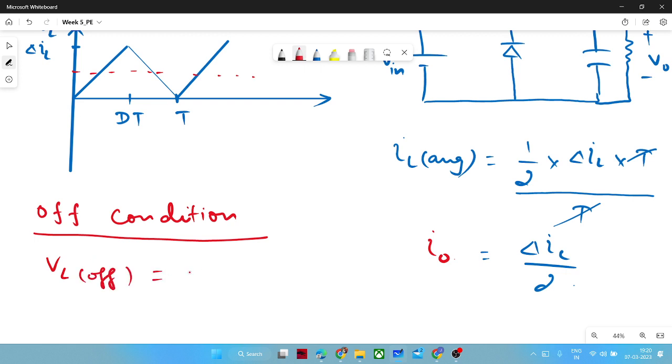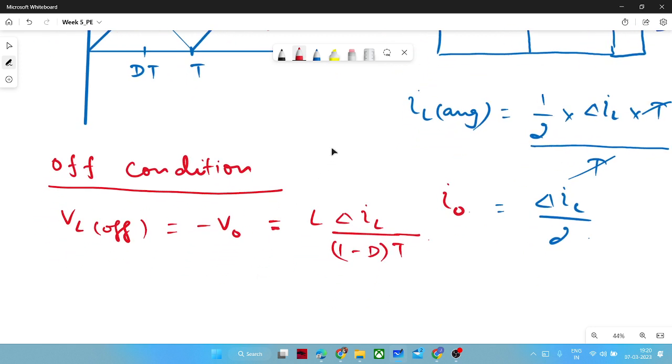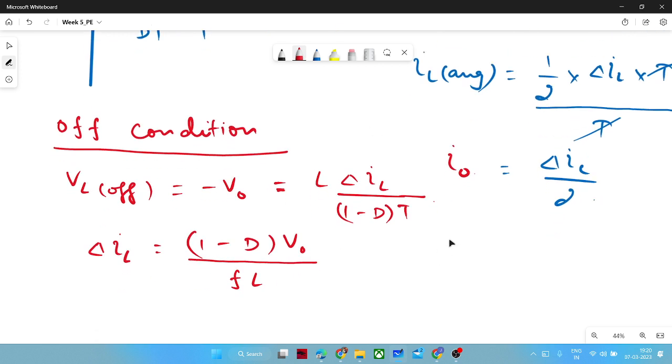VL off was minus V naught, and it is equal to L del IL by the off period, which is (1 minus D) into T. So now del IL you have (1 minus D) into V naught by L F. Since T will go on numerator side here, F is nothing but 1 by T, so F will come in denominator.